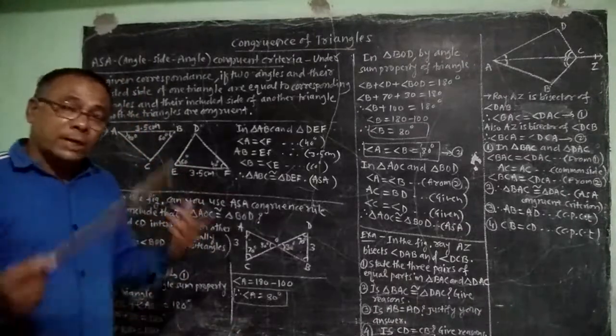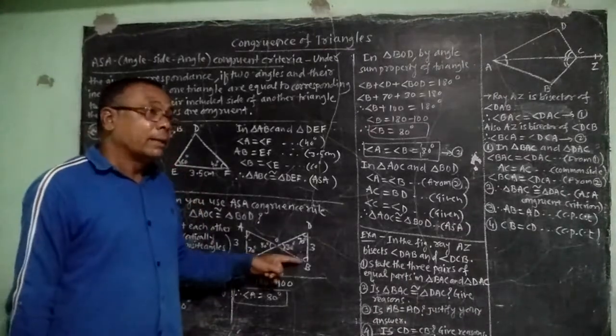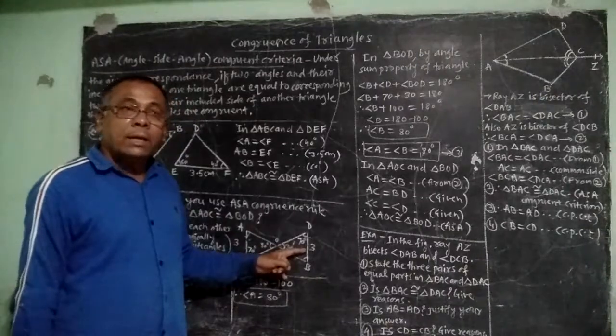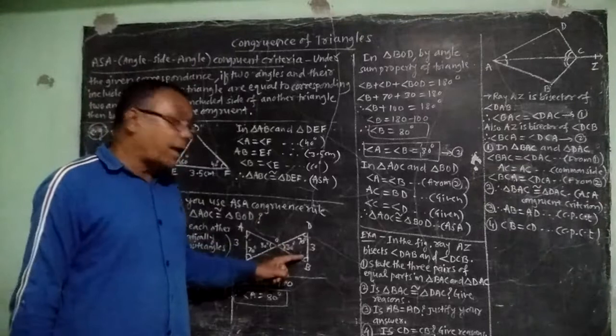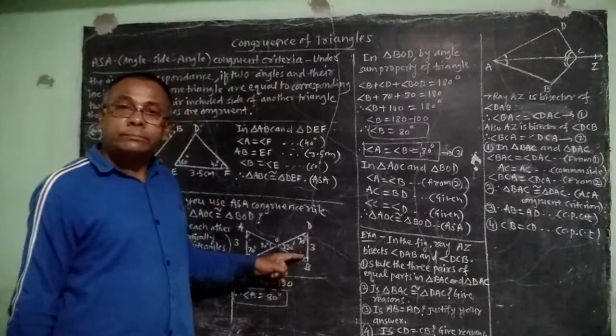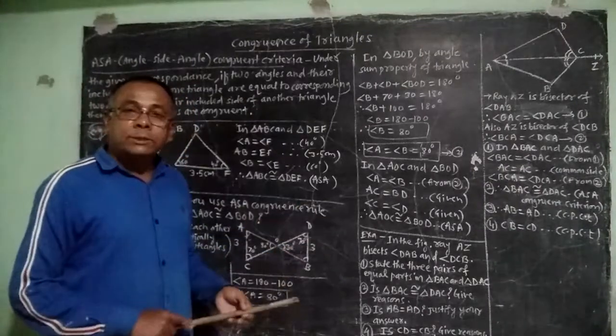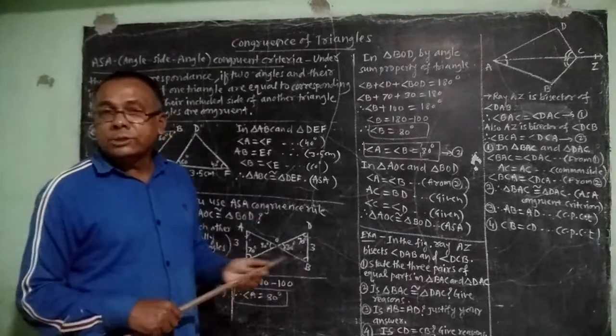Also, in the second triangle we can apply the angle sum property of a triangle to find the third angle. So let us see how to solve this question step by step.